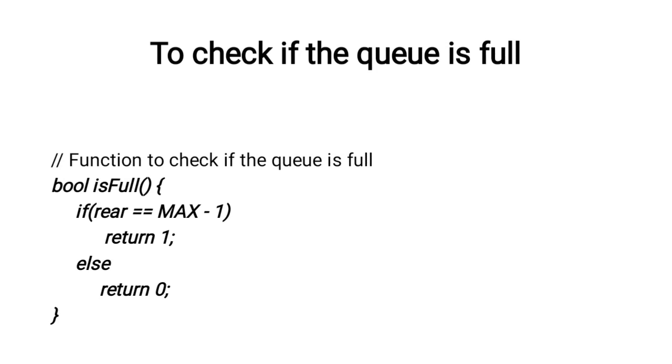Moving on, let's check if the queue is full. How do we check if the queue is full? We use a function to check if the queue is full. When checking if the queue is full, we are now comparing the value of rear to max minus 1, right?